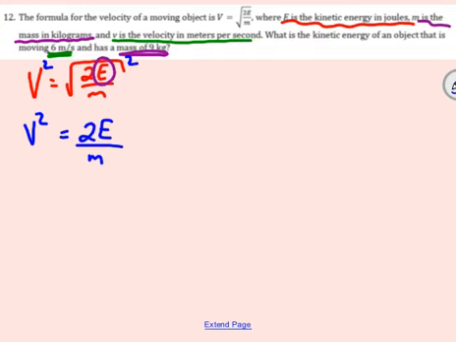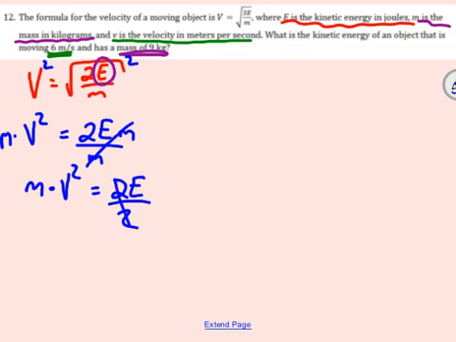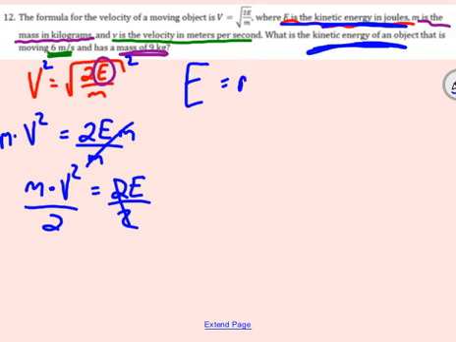What's the opposite of dividing by an m? I would say multiply by an m on both sides. Then you'd have m times velocity squared is equal to 2E. I'd divide by the 2, and this would be this. So my final equation, I am solving for E because it wants kinetic energy right here. So kinetic energy is mass times velocity squared divided by 2.